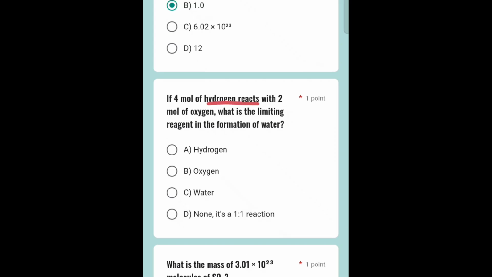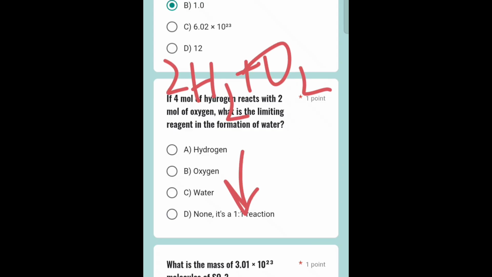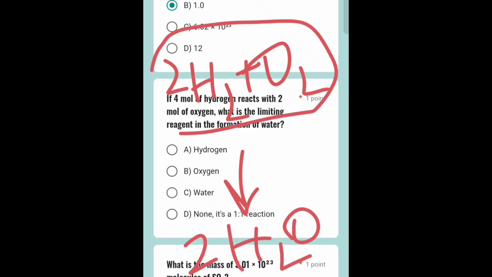4 moles of hydrogen react with 2 moles of oxygen. What is the limiting reactant? According to the balanced chemical equation, 2H2 plus O2 reacts and forms 2 molecules of water. As you can see, the equation is balanced. When the equation is balanced, neither is acting as a limiting reactant, so both are consumed completely and none is left.